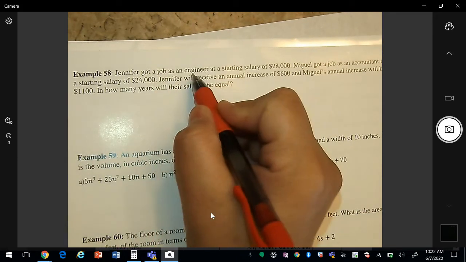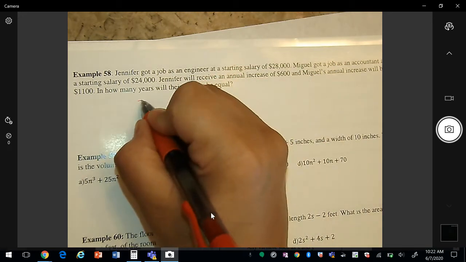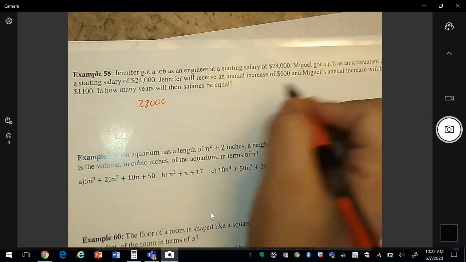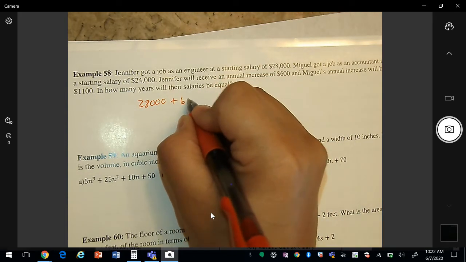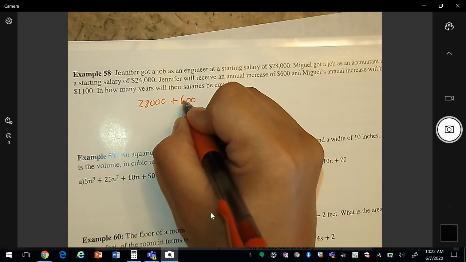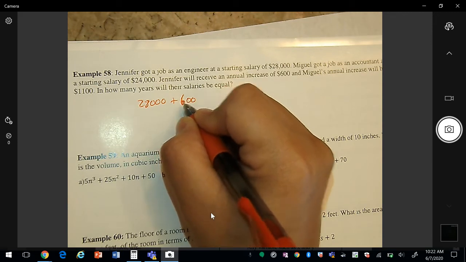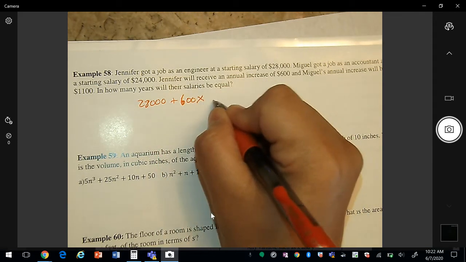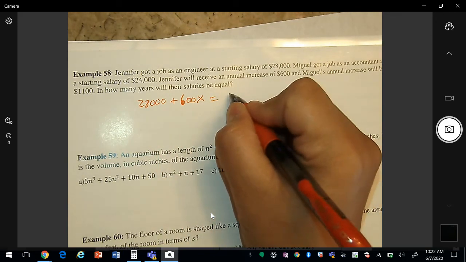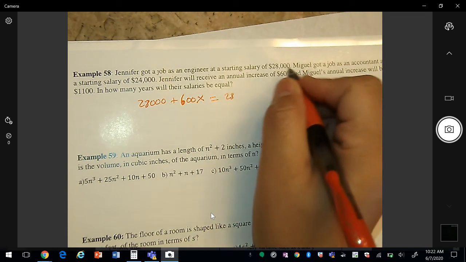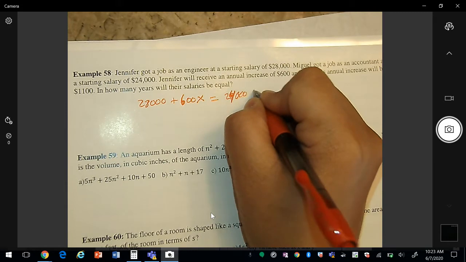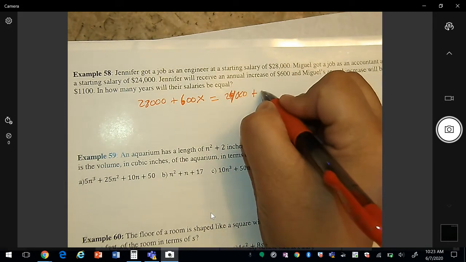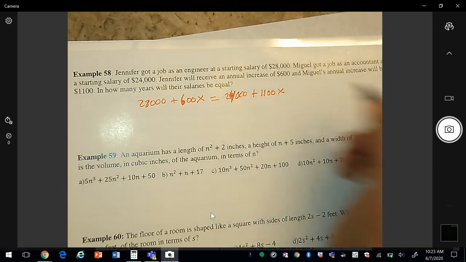So Jennifer got a job as an engineer starting at 28,000. So here's Jennifer. Her job is going to give her an increase of 600. So I'm going to be adding 600 increase every year. So we don't know how many years, so we can call it x. Miguel makes, I'm sorry, Miguel makes 24,000 starting, but he's going to have an increase of 1,100 every year.